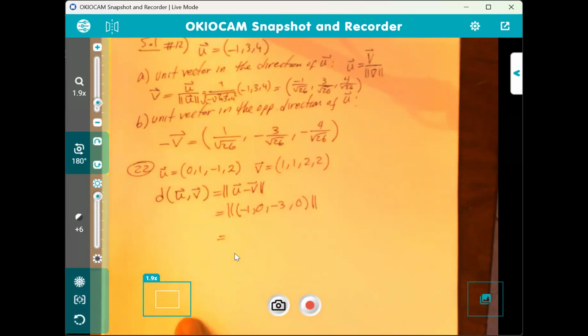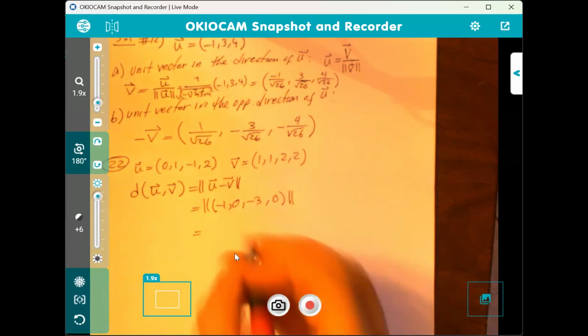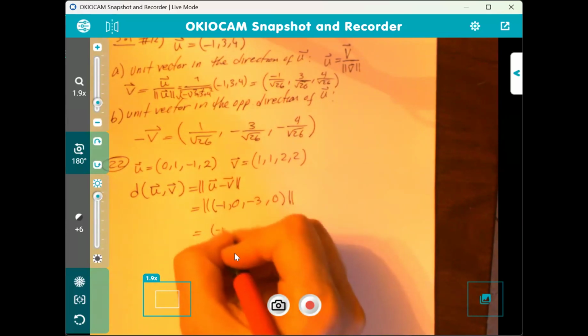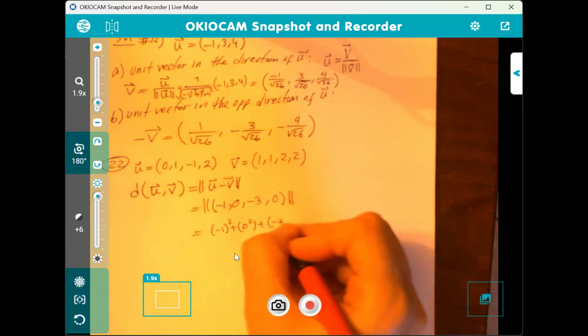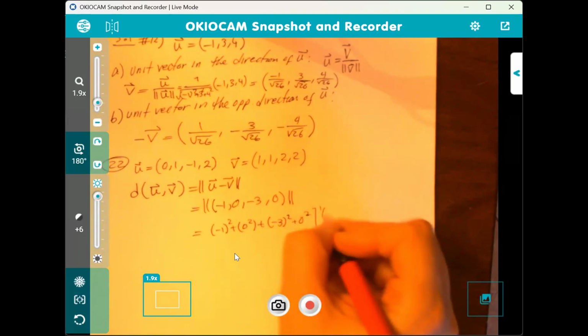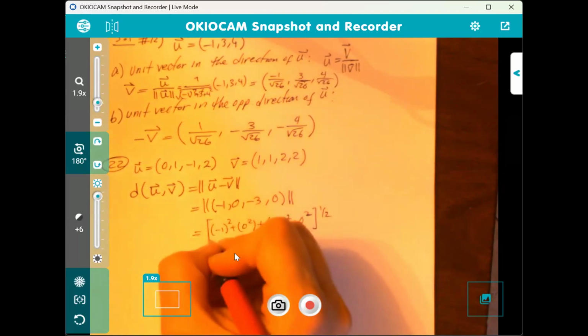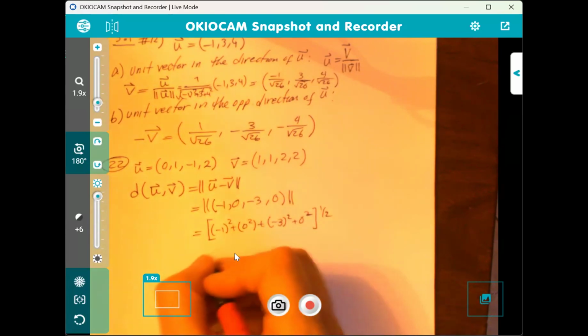And then to find the magnitude of any vector, including this one, we square each component and then take the square root of it.